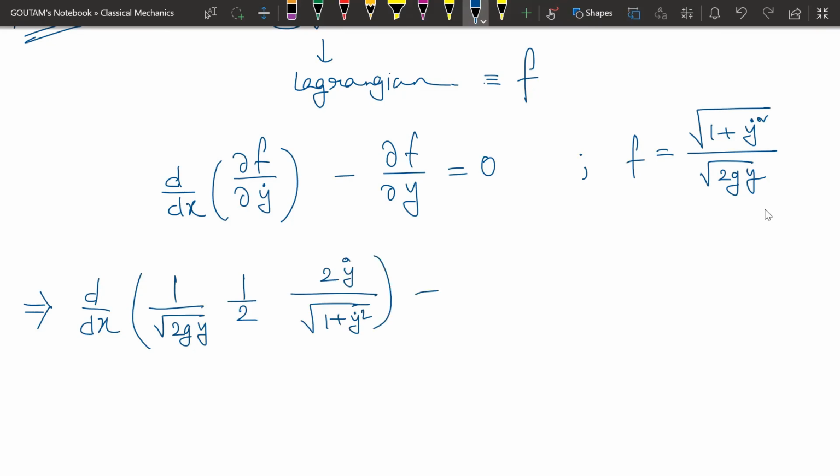Then, differentiating with respect to y, this term will be root under 1 plus y dot square by root under 2g times minus half times 1 by y to the power 3 by 2 equals 0.